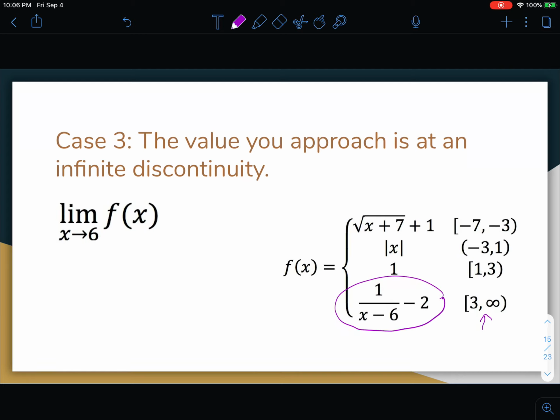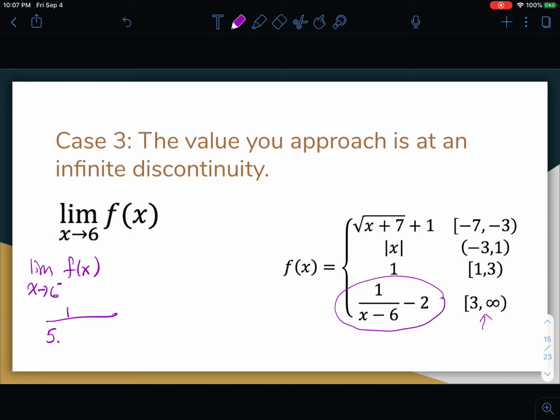And so we're going to say the limit as x approaches 6 from the left of this function. And now we're going to actually do a little bit of number crunching. So as I approach 6 from the left, what if we put in 5.9999? Let's just test it out, okay?